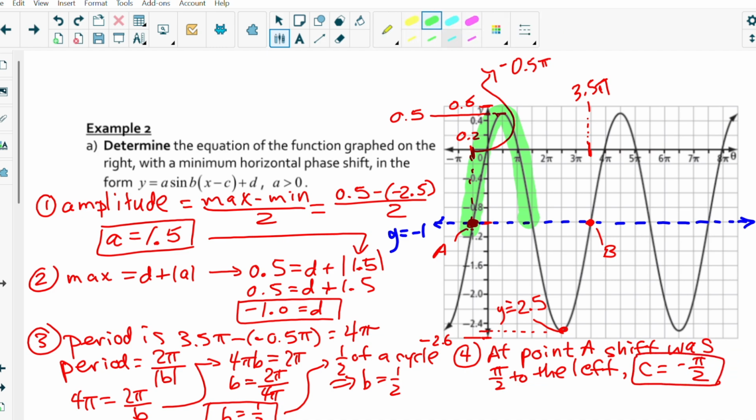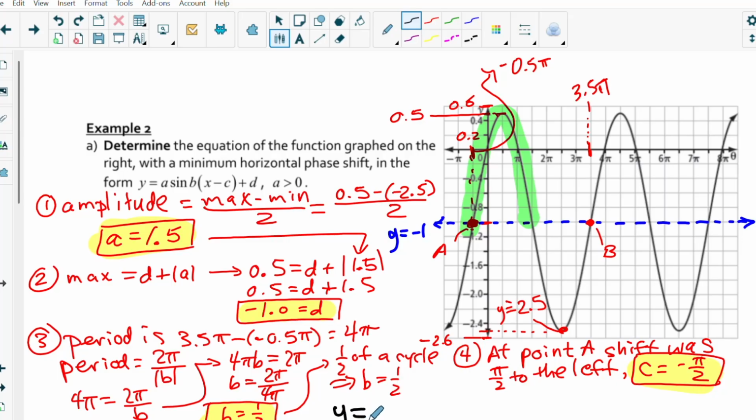Let's take stock of all our transformation values. A equals 1.5, d equals negative 1.0, b equals 1/2, c equals negative pi over 2. So what does our final equation look like?